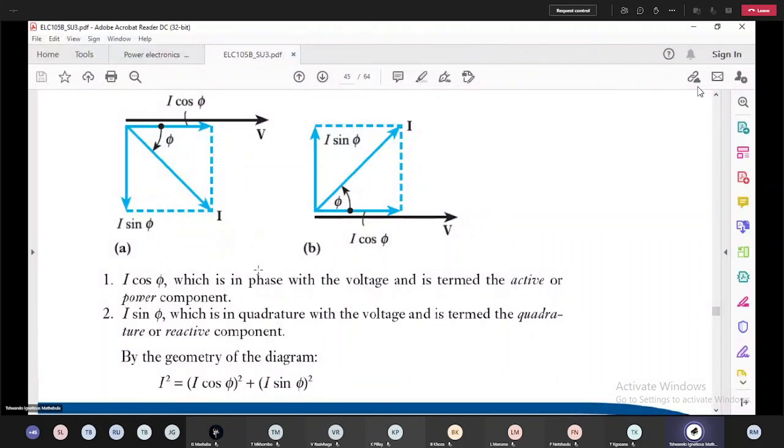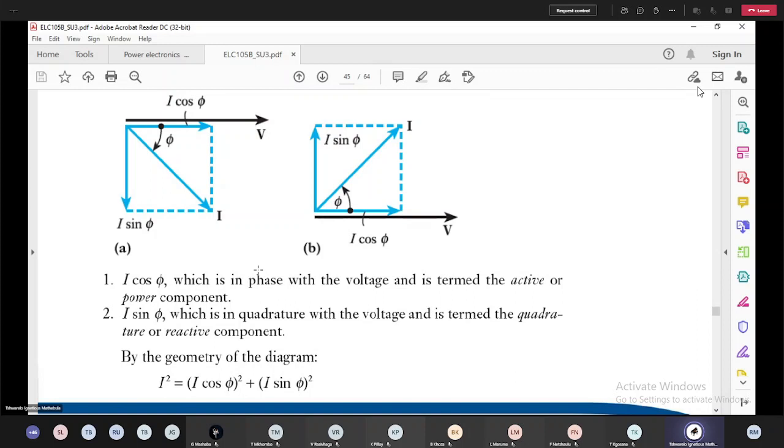So it is important now to know that it's no longer that way, like the current in your inductor, where it's out of phase by 90 degrees. No. When you've got an impedance, it's out of phase by a certain angle other than 90 degrees. So it's important to know how you're going to deal with that.